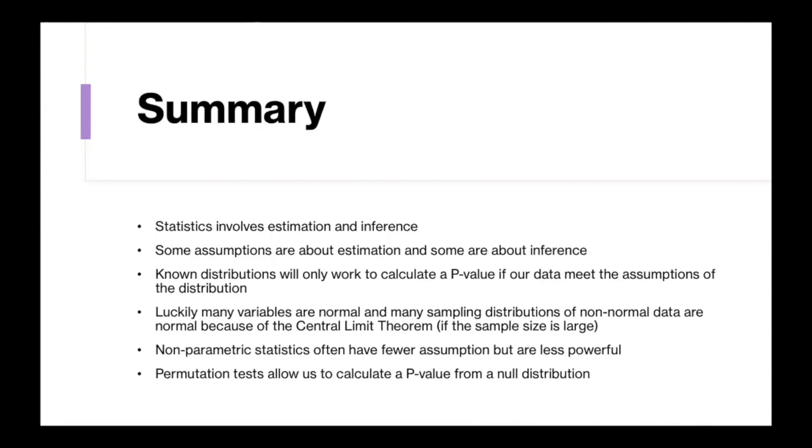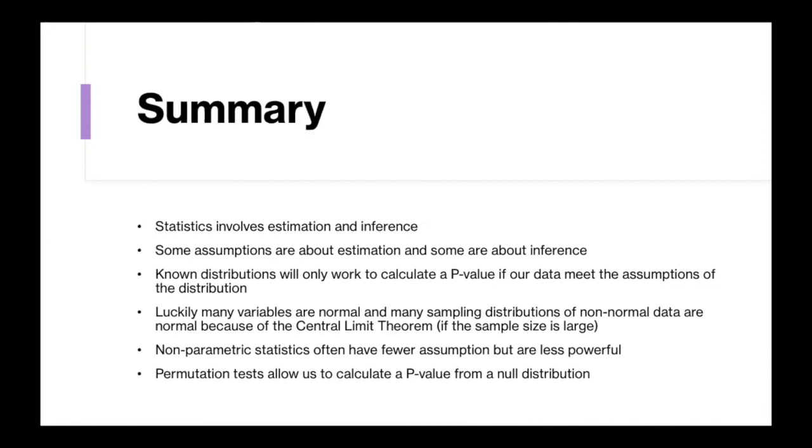Now, luckily, we can use distributions based on a normal distribution in many cases because most variables are normally distributed, and many sampling distributions of non-normal data actually become normal because of the central limit theorem, as long as our sample size is large.